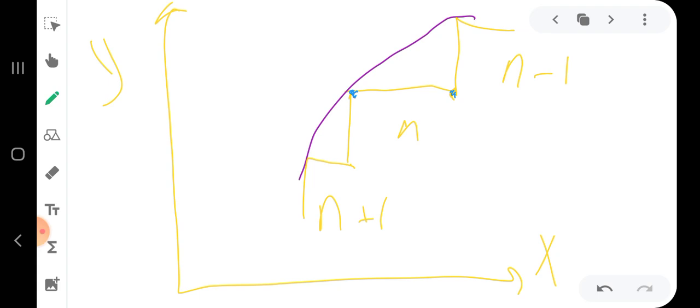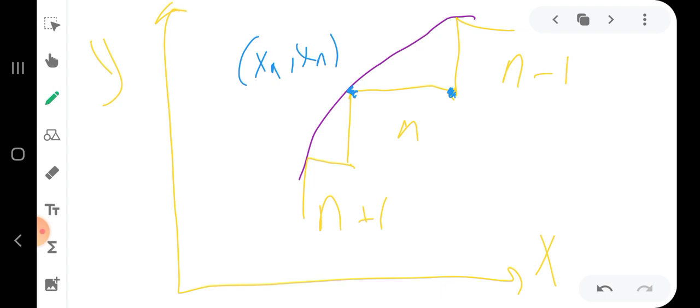At this point first, we have a composition yn, and a composition xn. So at this point we will have xn and yn.